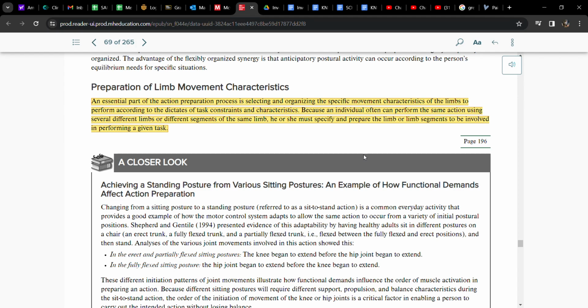Because an individual often can perform the same action using several different limbs or different segments of the same limb, he or she must specify and prepare the limb or limb segments to be involved in performing a given task. So again, with catching, you're preparing your hands, your arms, your elbows, your shoulders, your body position, all of that stuff in order to complete the task.